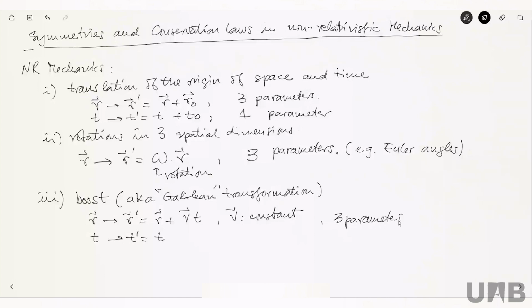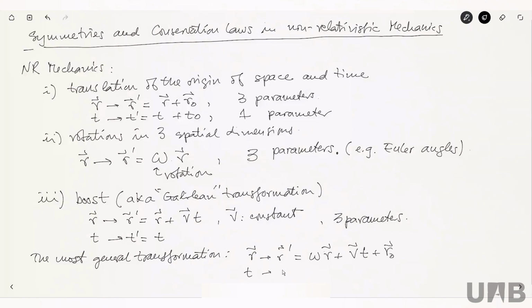Okay, so that means that the most general transformation is going to be everything at the same time. So R goes to R prime, which is a rotation plus a boost plus a translation, right?